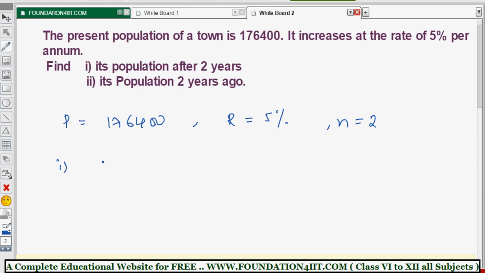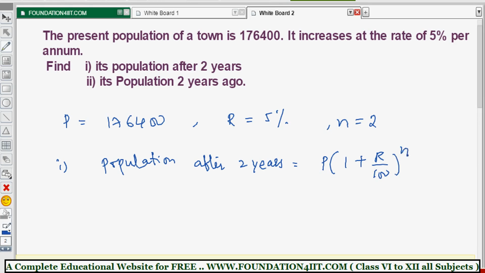Then first, population after 2 years. So according to the formula, P into 1 plus r by 100, okay, to the power n.